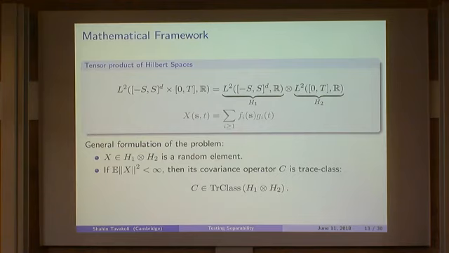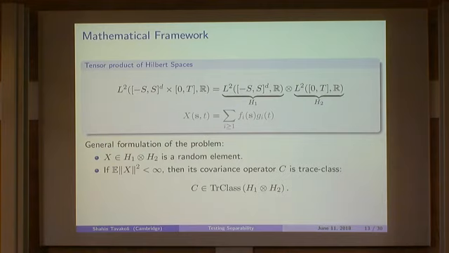Now, if X is a random element of this tensor product of Hilbert spaces, and X has a finite expected squared norm, so by this I denote the norm of X, then the covariance of X is trace class. And what does trace class mean?